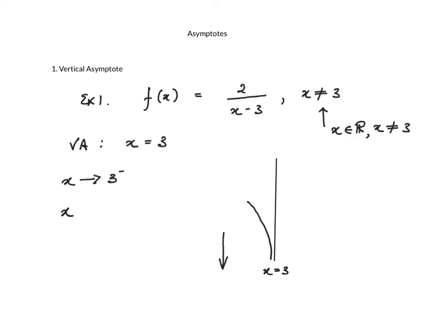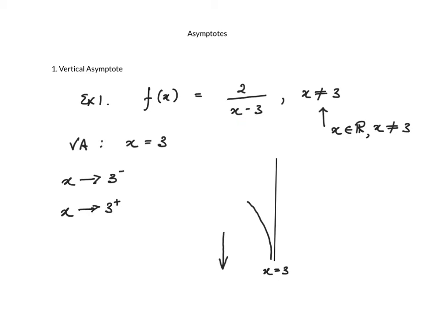Similarly, we're going to consider what happens to the right of x equals 3. So as x tends to 3 plus, if we take the value, for instance, 3.1, we substitute 3.1 in here, so 3.1 take away 3 gives us a very small positive value. So we've got positive on top, positive on the bottom, so our answer will be positive.